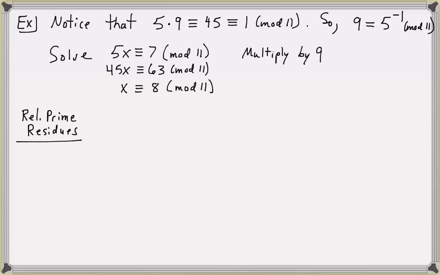So we know there's 10 relatively prime residues mod 11. So 1, 2, 3, 4, 5, 6, 7, 8, 9, and 10. And let's look at their inverses mod 11.